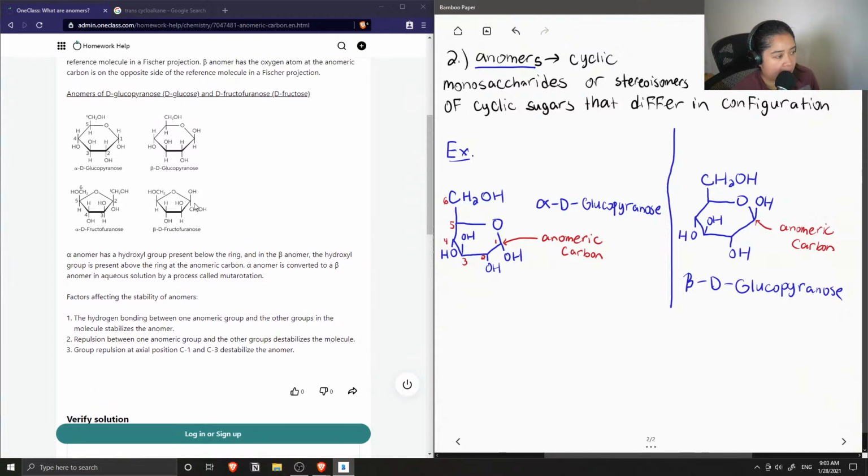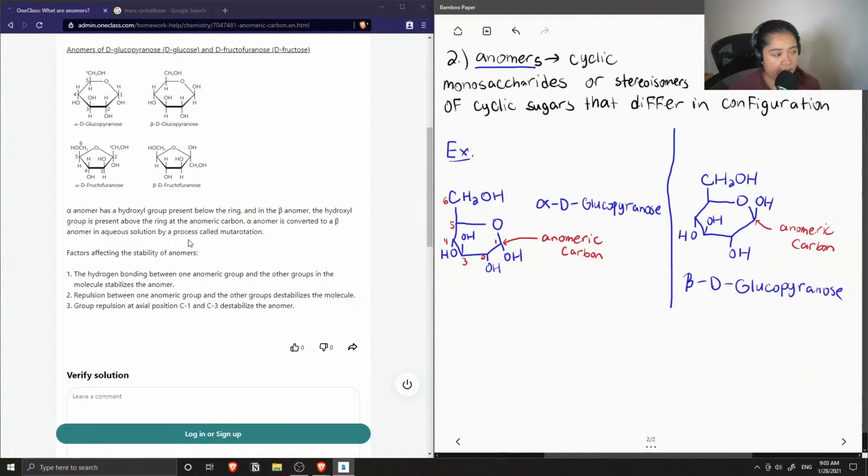Alpha anomer has a hydroxyl group present below the ring, and in the beta anomer, the hydroxyl group is present above the ring at the anomeric carbon. The alpha anomer is converted to beta anomer in aqueous solution by a process called mutarotation. So there are different factors that affect the stability of anomers.